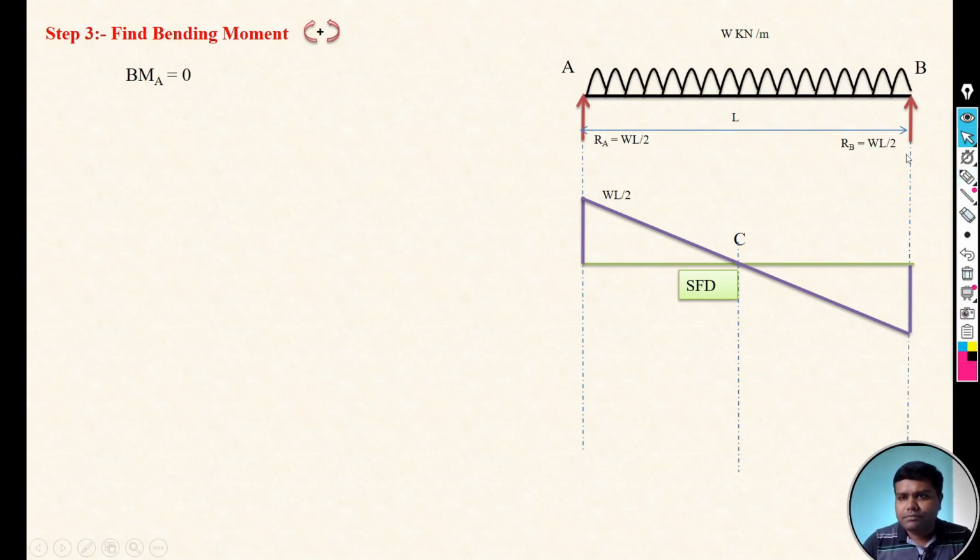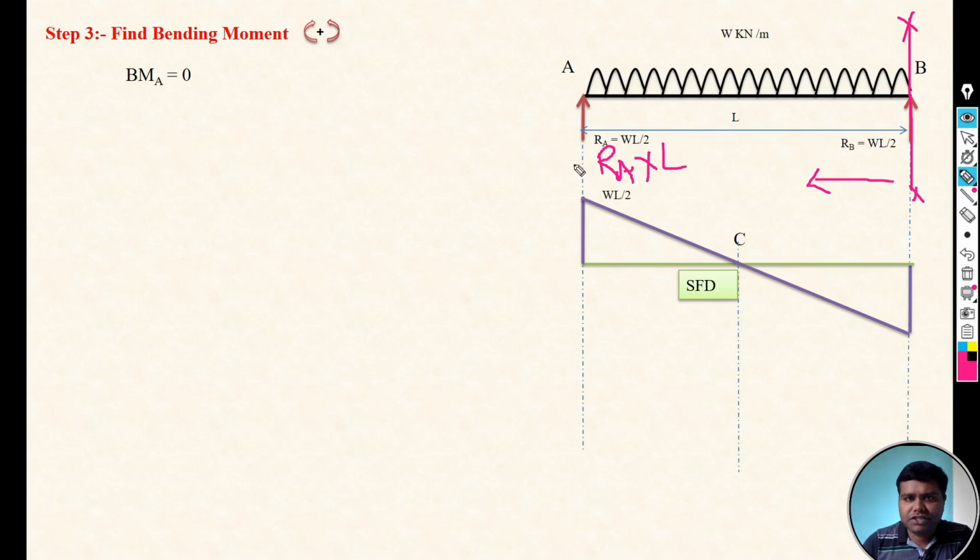Now the next point is B. Directly take the section at B and then focus on the left. There are two forces again, RA and W, the UDL. So we have to take the moment of that RA and W, where RA into perpendicular distance is L.